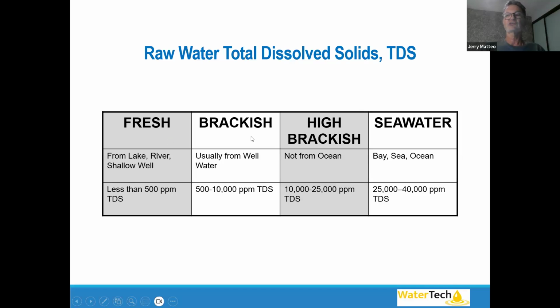It's not fresh, it's not seawater, it's somewhere in between. Brackish water is typically defined as water containing between 500 to 10,000 parts per million of total dissolved solids. And then high brackish would be even higher than that. And fresh water is up to about 500 parts.